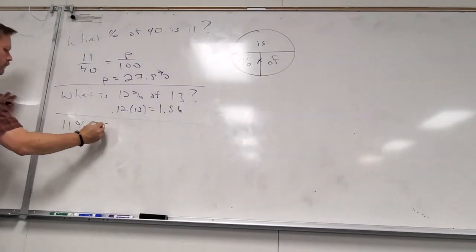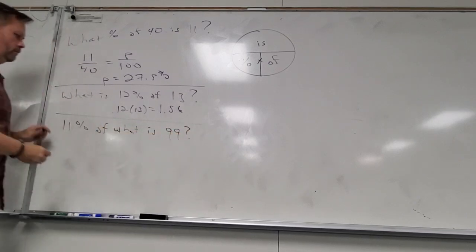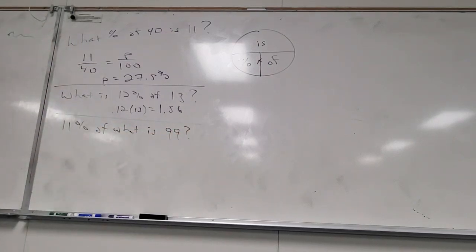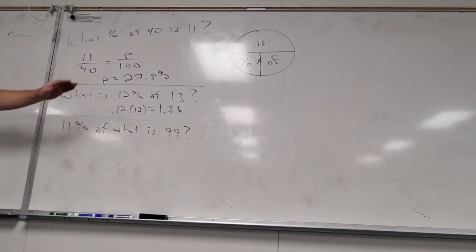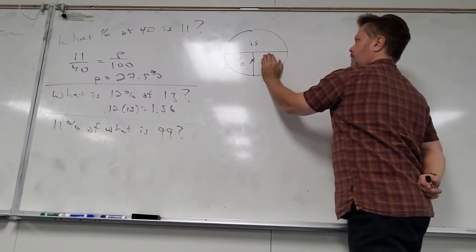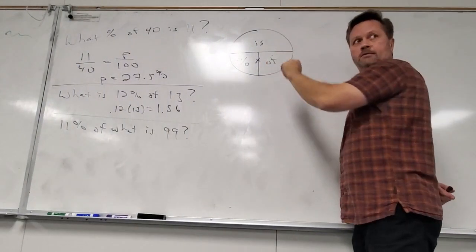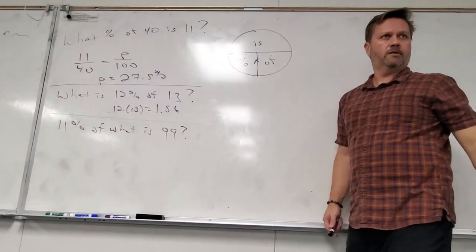11% of what is 99? So now what is it that we don't know? We don't know the of, right? So if I cover that, what's this telling me to do? Yeah, take the is number divided by the percent, right? You guys all with me?